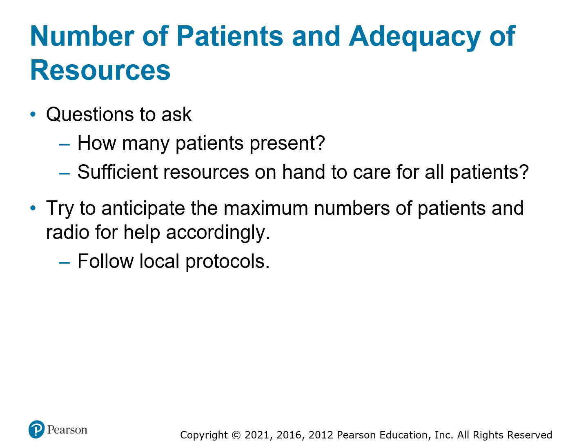And then the final talking point here is number of patients, adequacy of resources. So when you're looking at that scene size up, how many patients are present? Do you have enough resources? And try to anticipate prior to getting there. If you get called for a one vehicle accident, you could probably make an assumption that you can start with one ambulance.